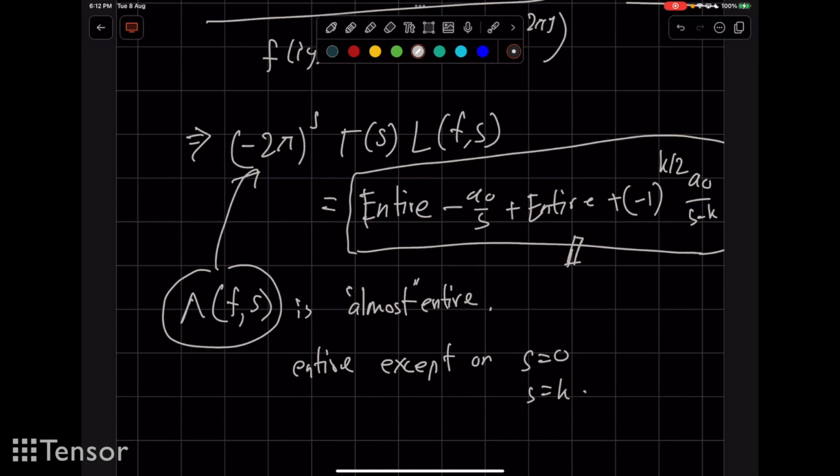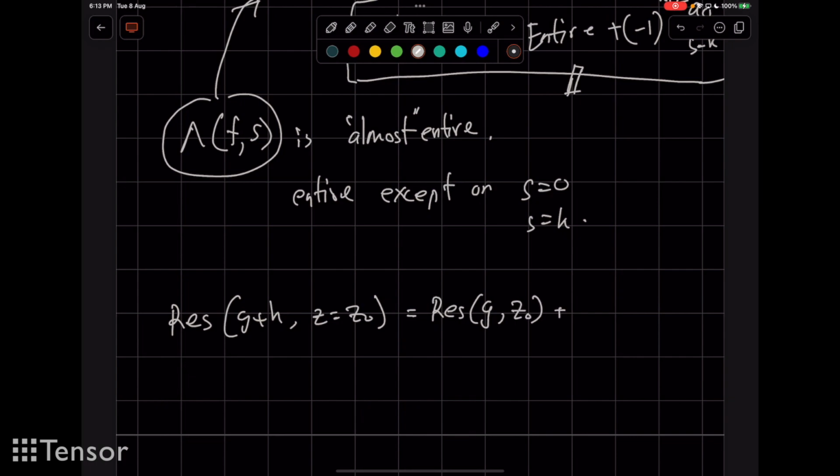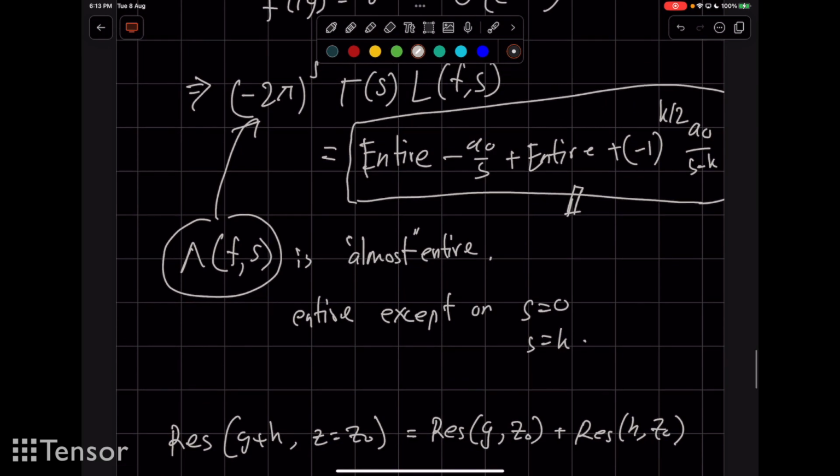How do you know that? Well, because residue is linear. By that I mean that the residue of, let's say, g plus h at some point z equals z naught is equal to the residue of g at z naught plus the residue of h at z naught. Since these two terms are entire, their residue will be 0.